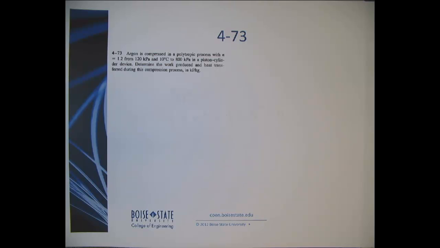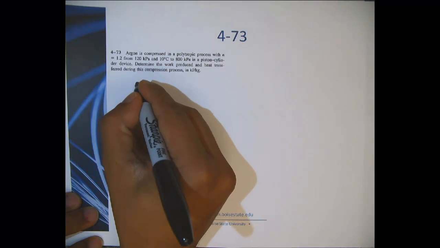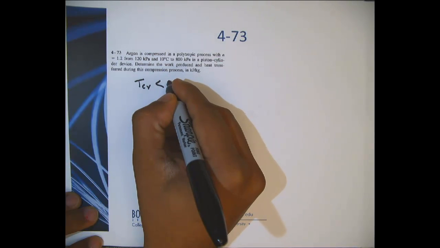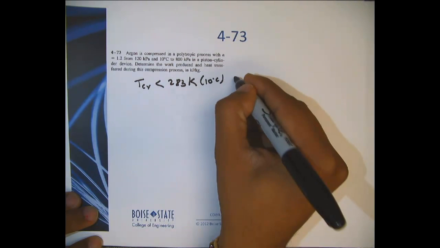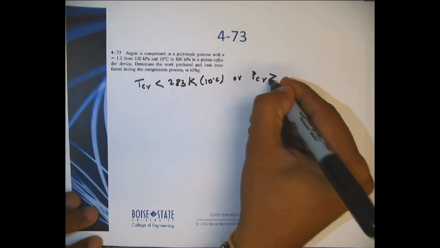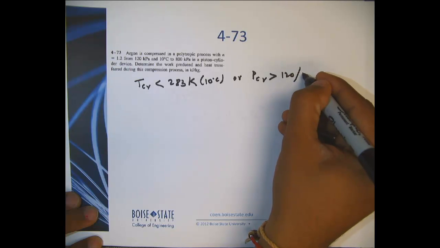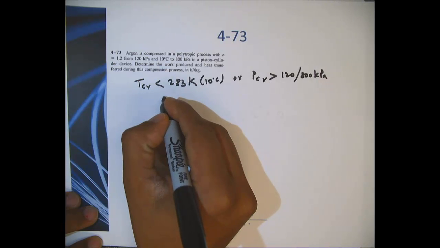Before we jump in and do anything, let's quickly see if argon, like in the previous problem, is an ideal gas at the temperature we're given. If you again go to table A1, like I showed before, the T critical is less than the temperature we have, if you convert 10 degrees C into Kelvin. Another way to look at it is if P critical is greater than the range of pressures you're looking at, that would mean that we can consider argon as an ideal gas.